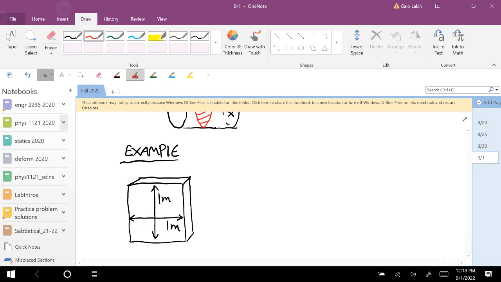On this side, let's say it's 15 degrees Celsius, and on the other side, it's 20 degrees Celsius.